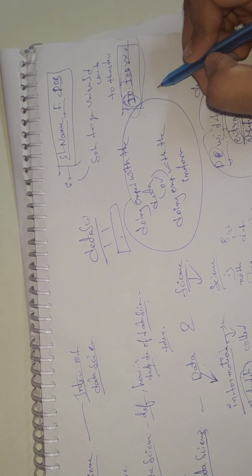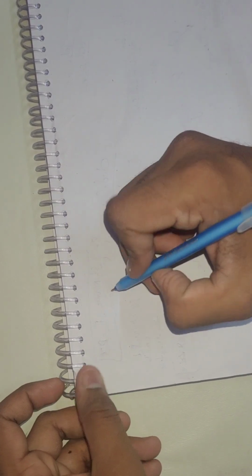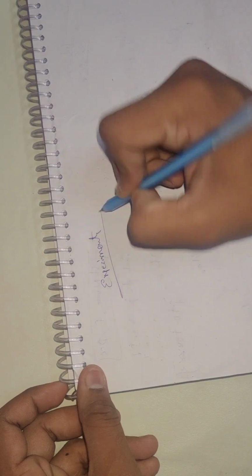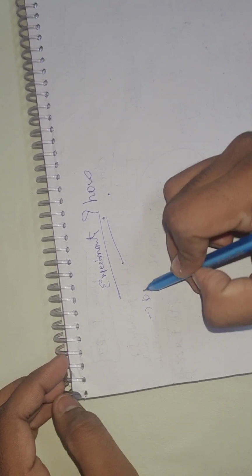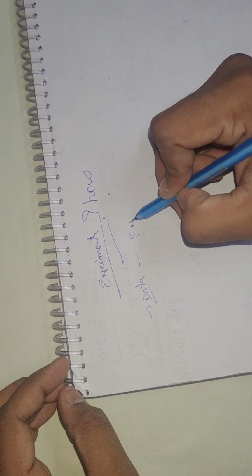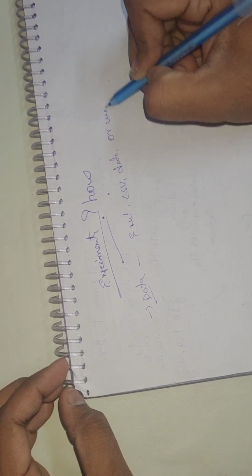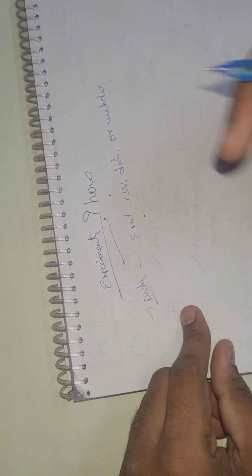Let me go to the next page. First, how are we going to do experiments here? Data can be in Excel format, some CSV, or some database, or some web data, any type of data.